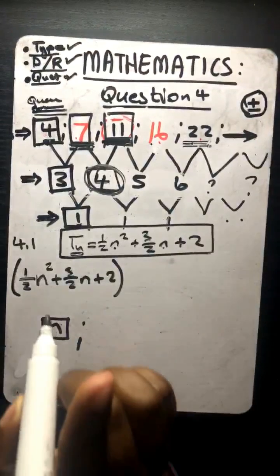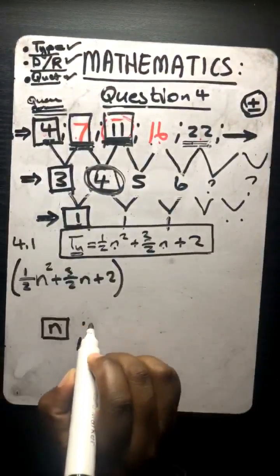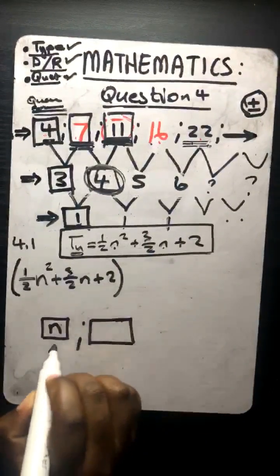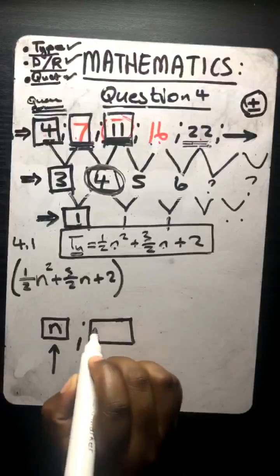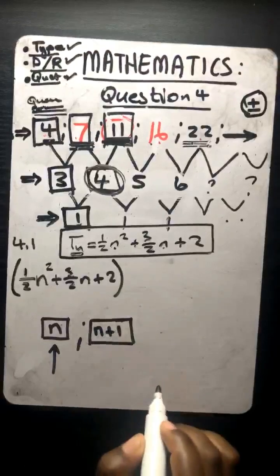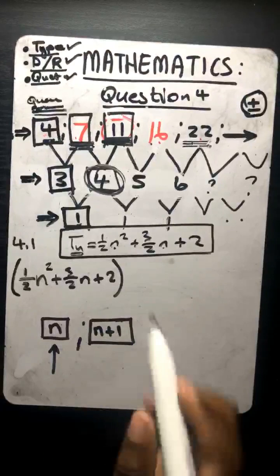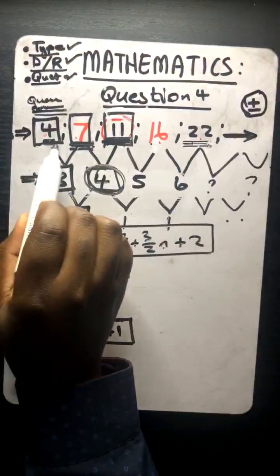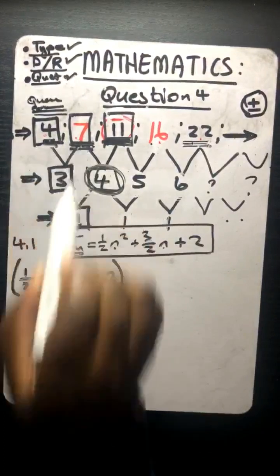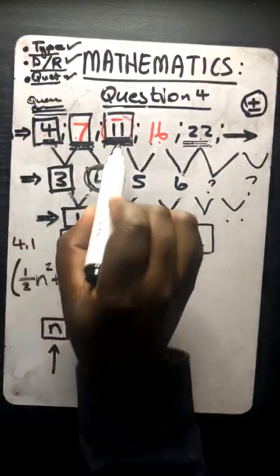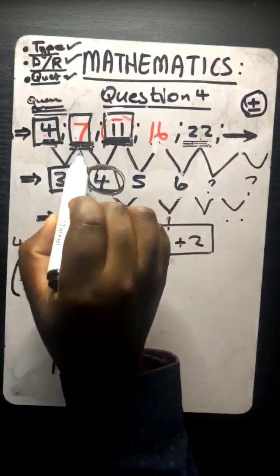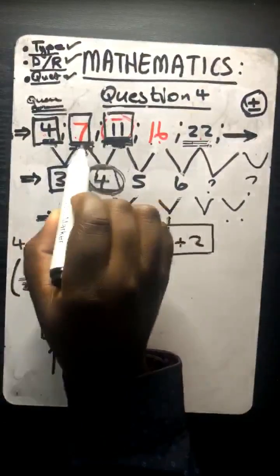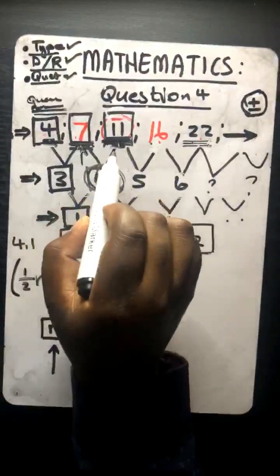Do you guys agree that the stand number next to this stand number is actually n plus 1? Why? Because if the previous stand number is 1, the next stand number is 2, which is 1 plus 1. If this stand number is 2, the next stand number is just this plus 1, which is 3.